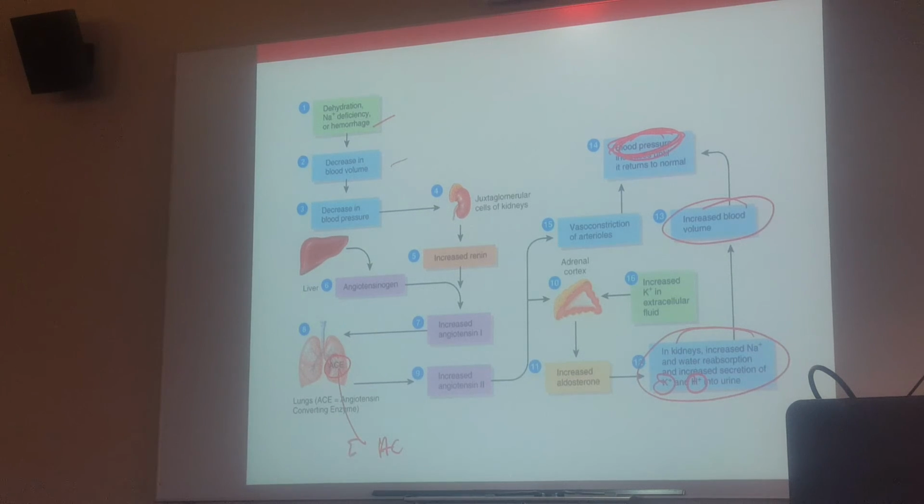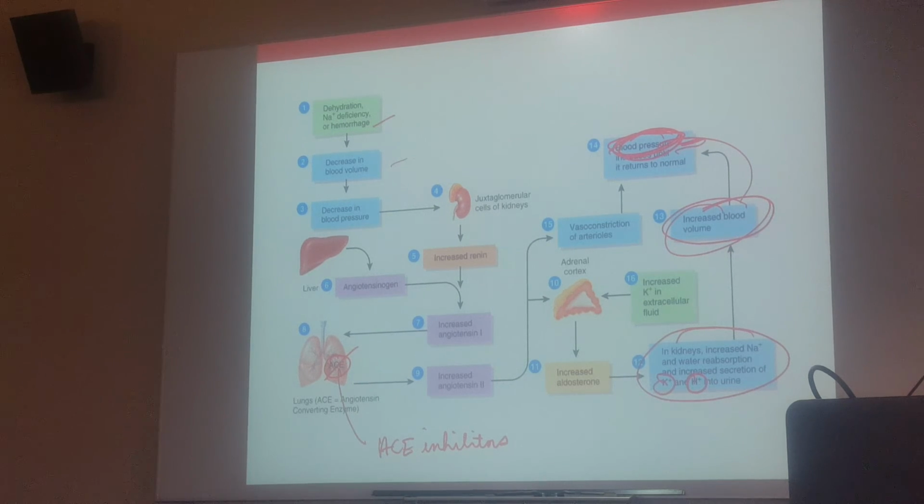ACE inhibitors are drugs that you can give to individuals that will control hypertension, okay? So in this cascade, ACE was converting angiotensin 1 to angiotensin 2, and we were getting a vasoconstriction and an effect on the adrenal glands, causing us to increase water. We increase blood volume, and then we increase blood pressure.